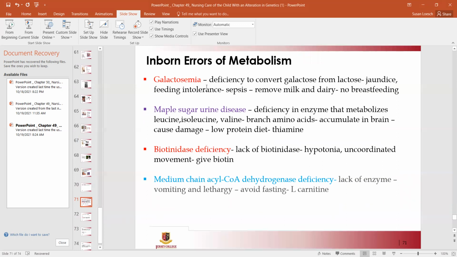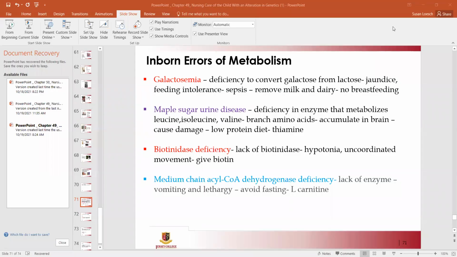Other inborn errors of metabolism include galactosemia, which is the inability to convert galactose from lactose. They have a deficiency in the liver enzyme needed to convert galactose, the breakdown product of lactose, which is commonly found in dairy products.